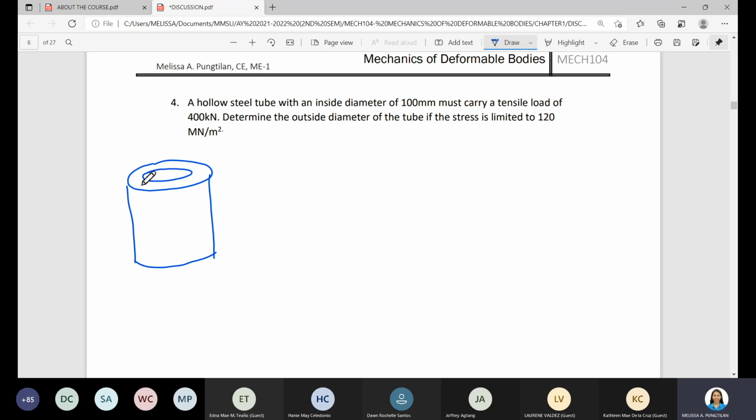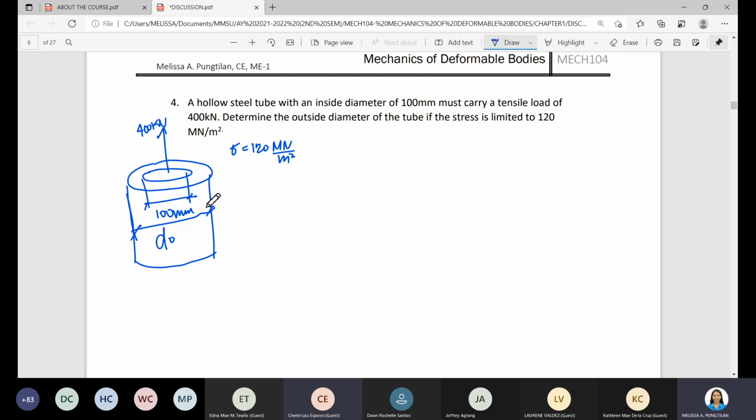The inside diameter is 100 millimeter. And it has a tensile load of 400 kilonewton. So, we will determine the outside diameter if the stress is limited to 120 meganewton per square meter. So, kailangan daw nating i-determine yung outside diameter nitong ating hollow steel tube.